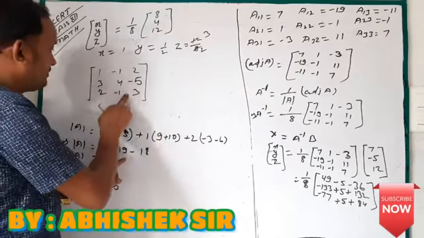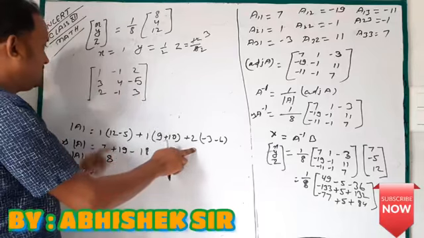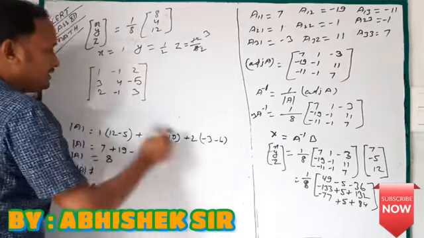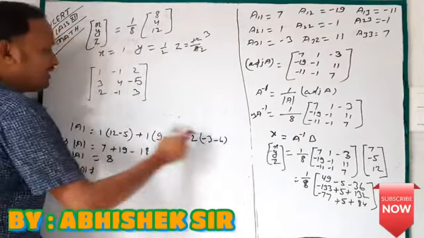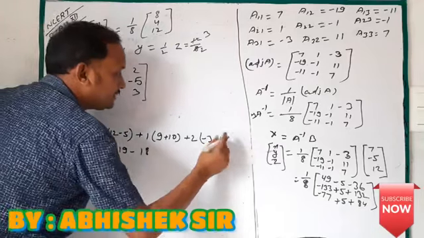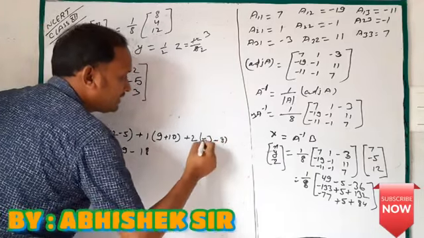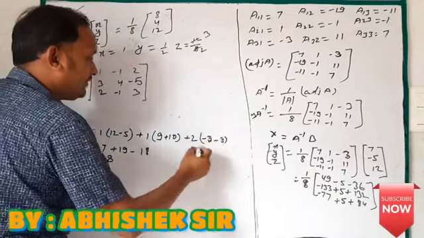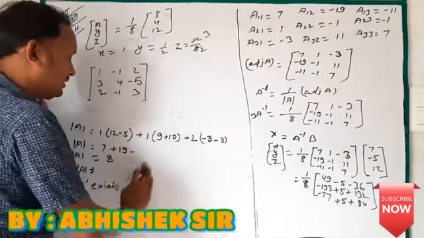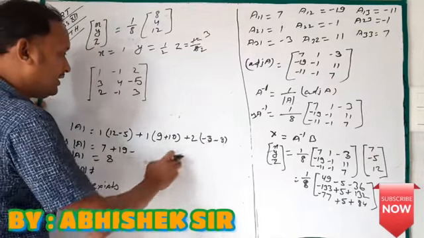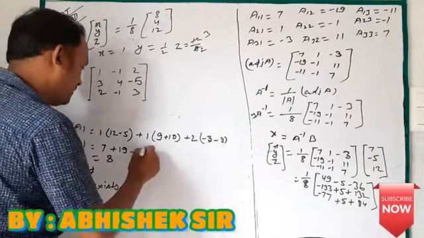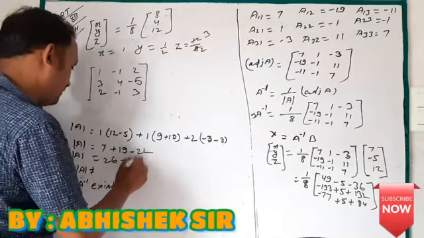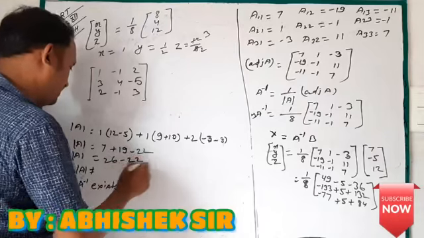First row, third column, positive 2, yes, minus 3, 4 2 is 8, oh sorry student, look here, this is minus of 8. 3 minus 8, this is 11, minus of 11, this means 11 2 is 22, minus 22, this means 26 minus 22 is 4.